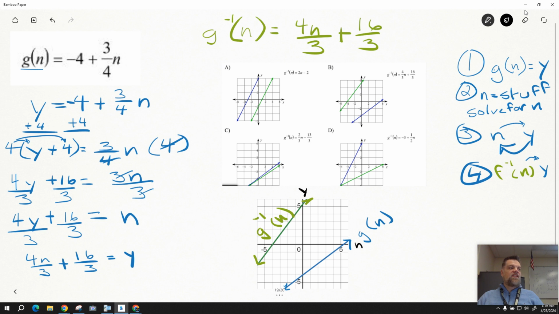It's a little weird, but that's how you would do it. It doesn't always have to be x and y. We could pick any numbers or any variables we want to represent the x and y axis, or in this case n and y.